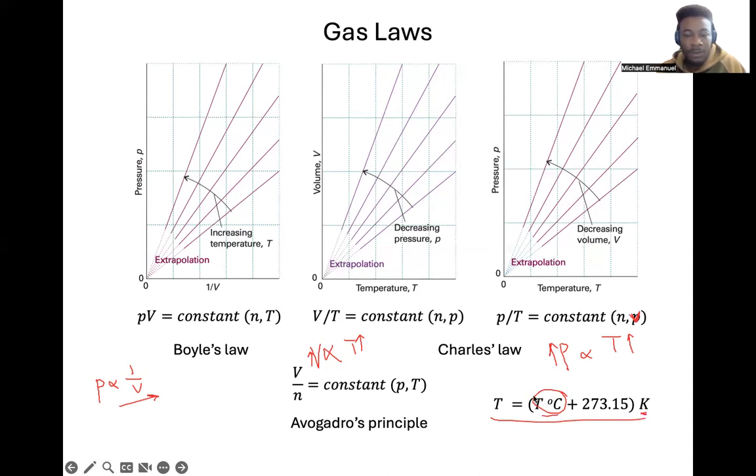Now, also, Avogadro developed a principle that shows that the volume of a gas is also directly proportional to the number of moles. That is, if we increase the number of moles, the volume of the gas also increases.